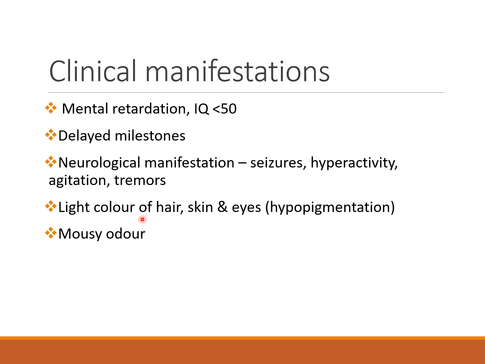And they also manifest with hypopigmentation of hair, skin and eyes. This is mainly because there is less production of tyrosine unless it is supplemented. And mousy odor is also typical for this PKU because of acetate and lactate excretion.